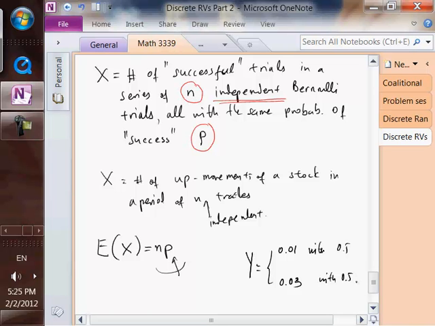I don't know how likely it is to go up or down, so I assign equal probabilities here. If I do 200 trades, what is the expected number of going up? 200 trades with probability of going up 50% per trade will be 100 trades. At 100 trades, I will go up, and what is the gain each time? 0.01.